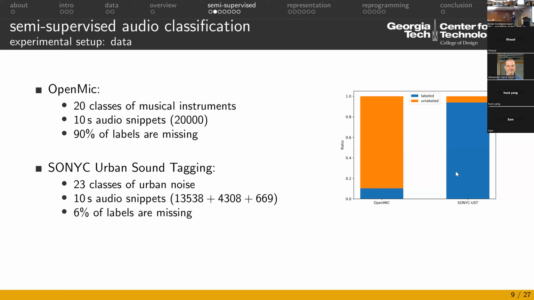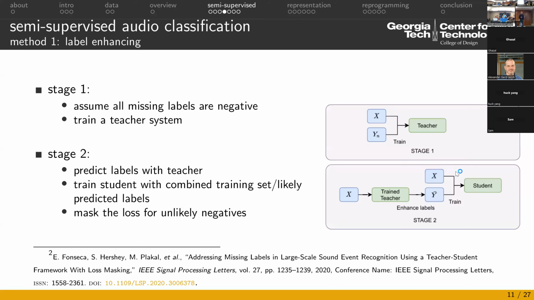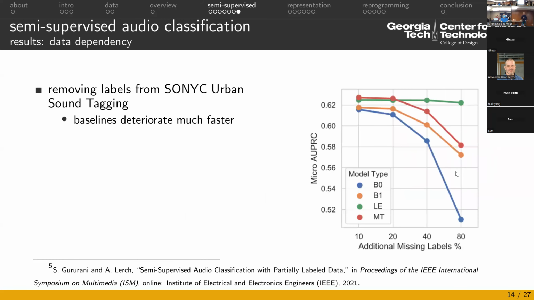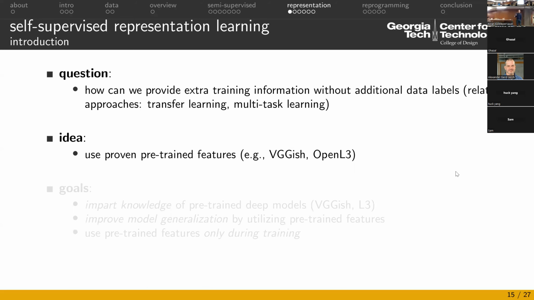Yes. So in the reprogramming approach that you showed, is the label mapping another neural network? It's just a fully connected layer at the end. So it's really just a linear combination of the outputs.